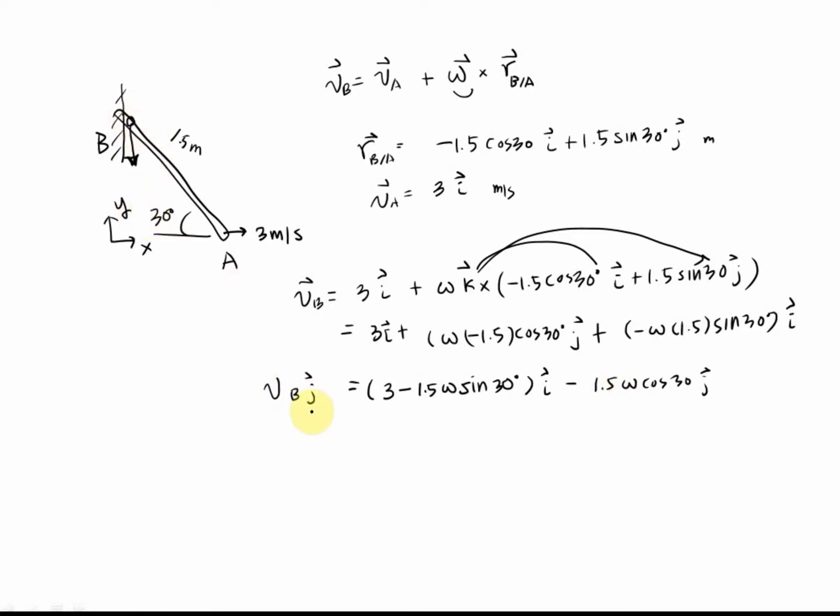So in these equations, you equate J to J, but on the left side there's no I, which means this component is 0. From this condition, you can compute what omega should be. Once you get omega, you plug that number in here, and that will be the velocity of B.